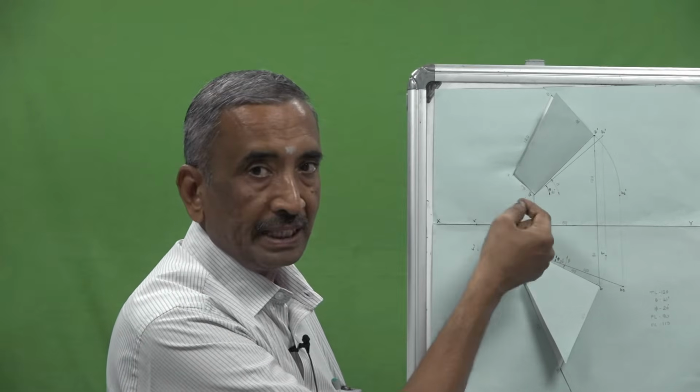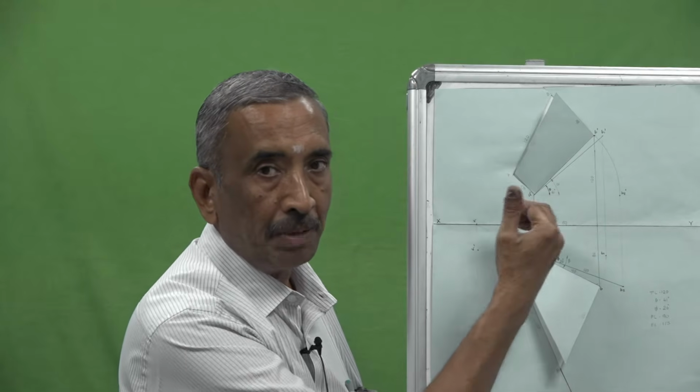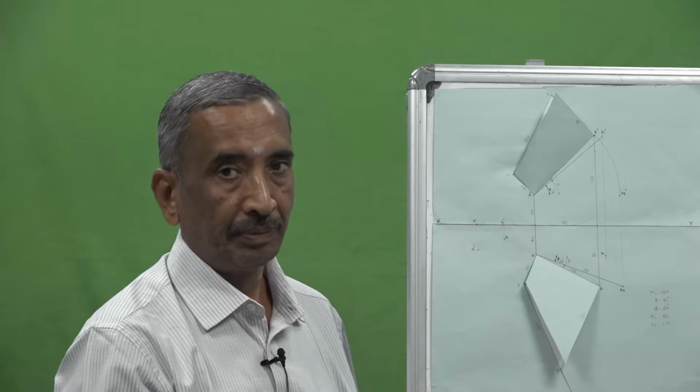On the first vertical line we have located A dash which is 40 mm above HP, and we located the top view of point A, which is 40 mm below the XY line.